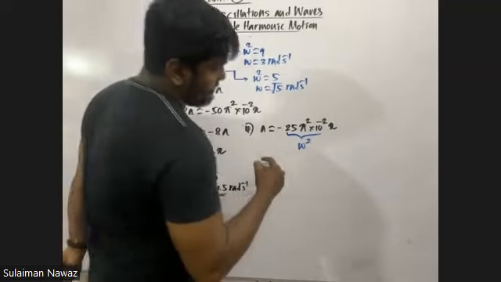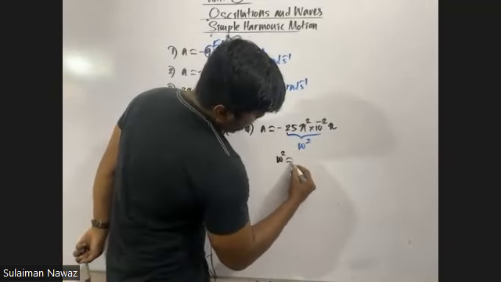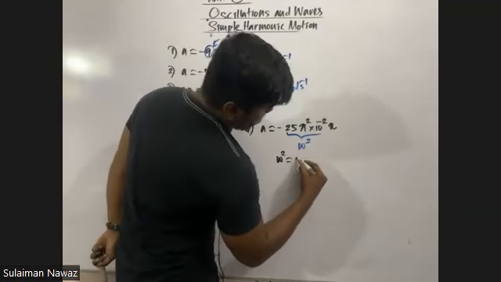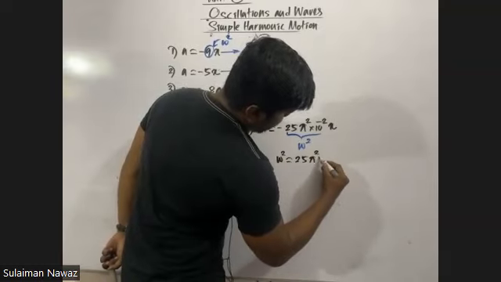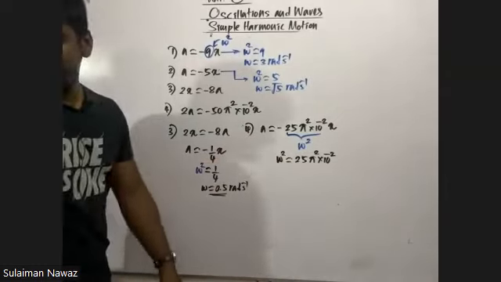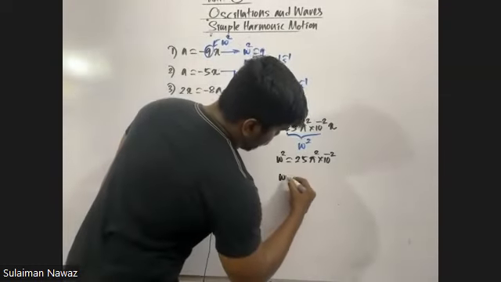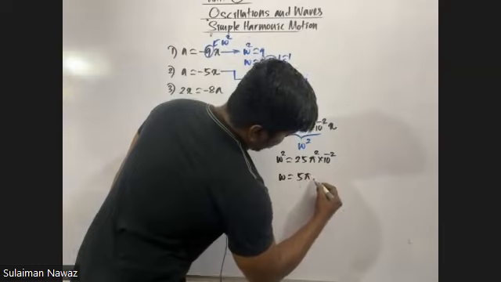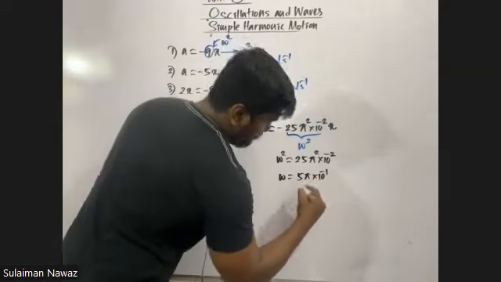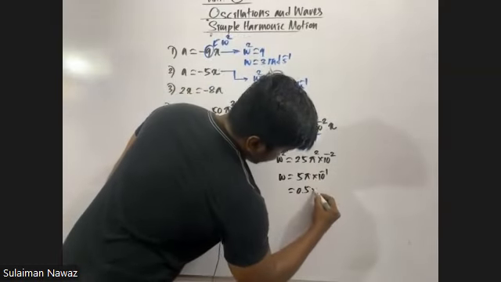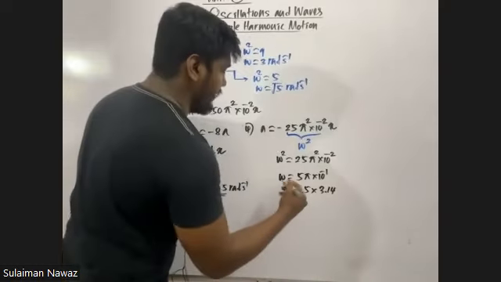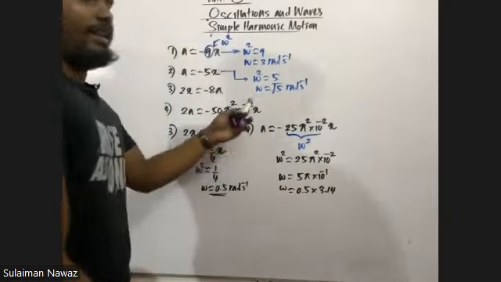So I can say omega squared equals 25 pi squared minus 2. If I take root on both sides, omega equals pi minus 1. Therefore 0.5. What is the value of pi? 3.14, or 22 over 7. Simplify this and you will get the answer. I think you understand this one.